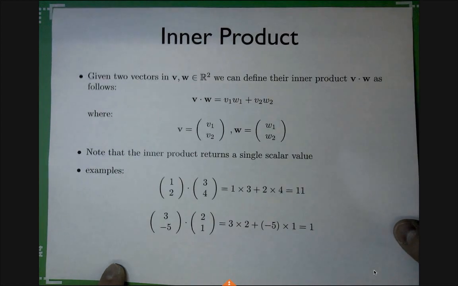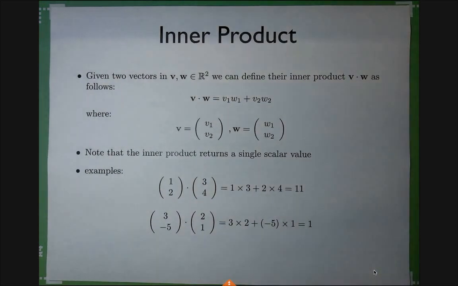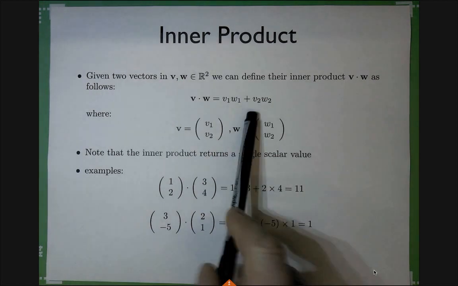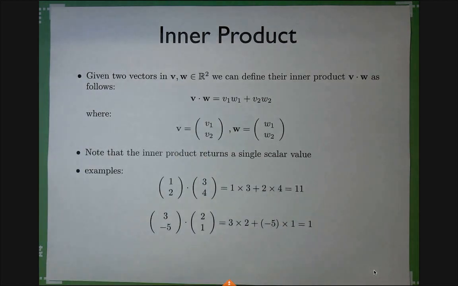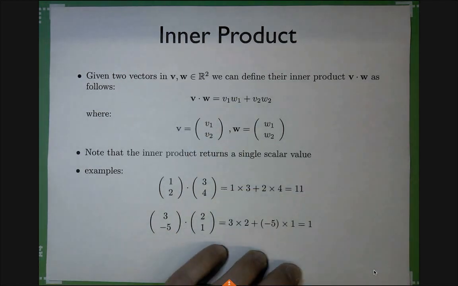So let's look at another operation we can do with vectors, and that's the inner product. You probably all know inner product, right? So I think this will be just a recap, so let me try to go a little bit quicker here. What is the signature of inner product?